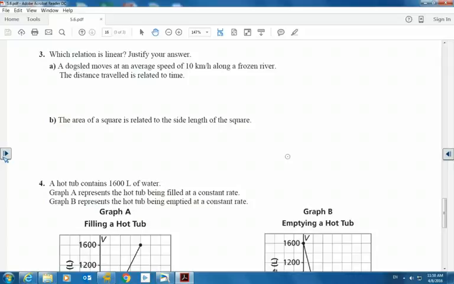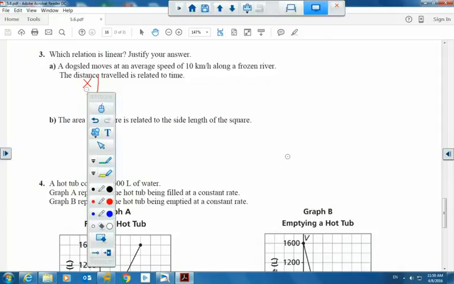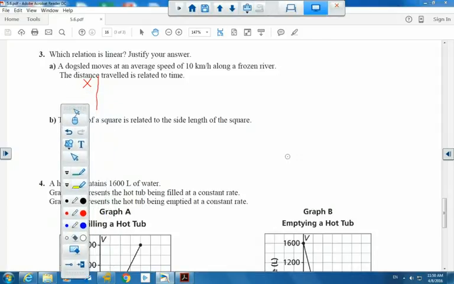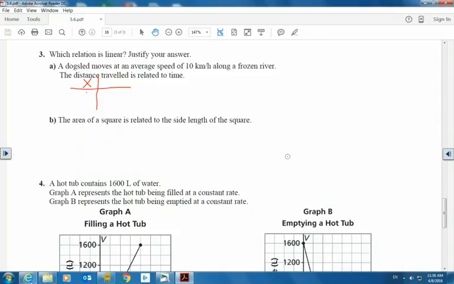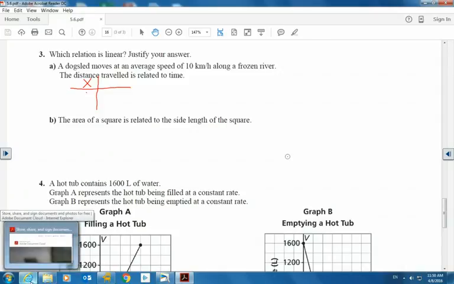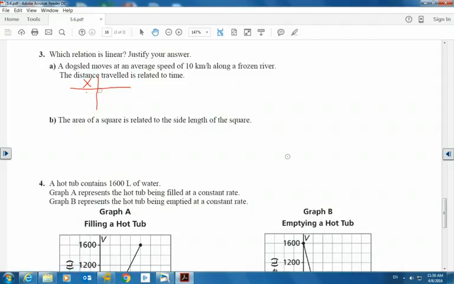Okay? So if I set up a little table of values and I say x, so what is x? X is my time. And if I set up this so that I've got my y, what is my y representing? Distance. Okay, so this is time.